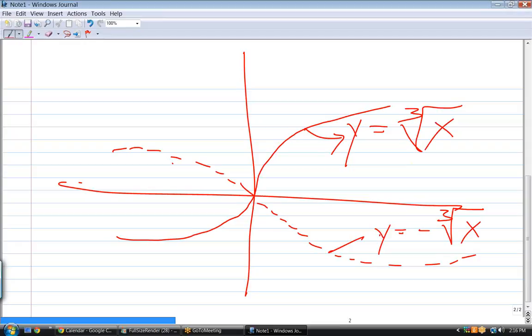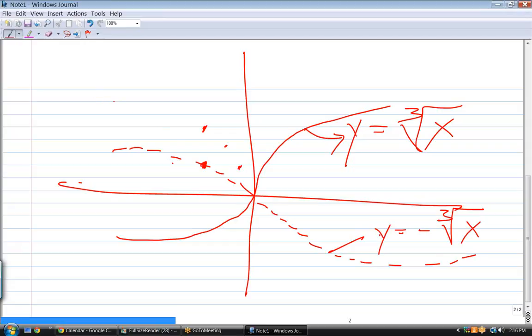Negative 2 merely means it's a vertical stretch. In other words, the way to think about that is if this was negative cube root of x, well, we're going to be twice as far away from the x-axis, so that point would be there. This point would be here, this point would be there.